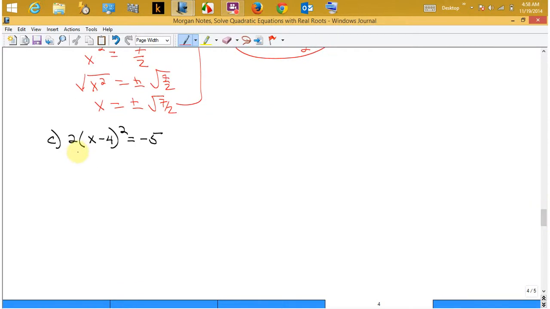Okay. The next problem, let's divide both sides by 2. So I have x minus 4 squared is equal to negative 5 halves. Take the square root of both sides.